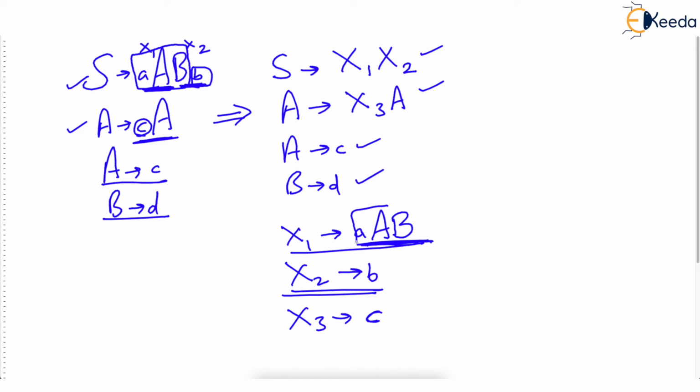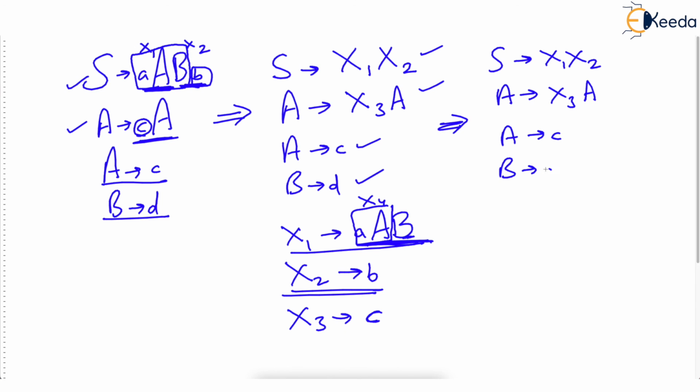You can call this AA as x4, followed by capital B, which is of course there. So revising this, we get S derives x1 x2, already in CNF, A derives x3 A, already in CNF, A derives small c, B derives d, then x1 derives x4 followed by B.